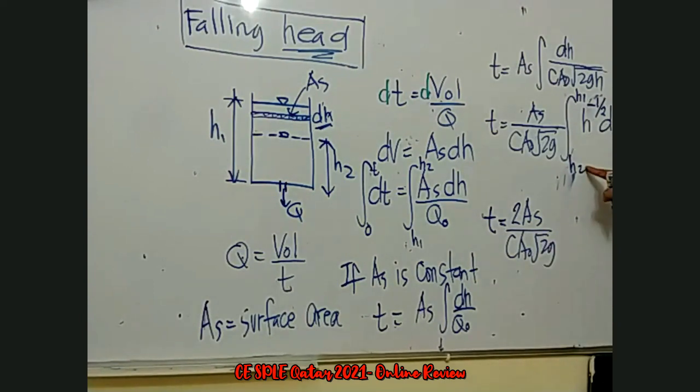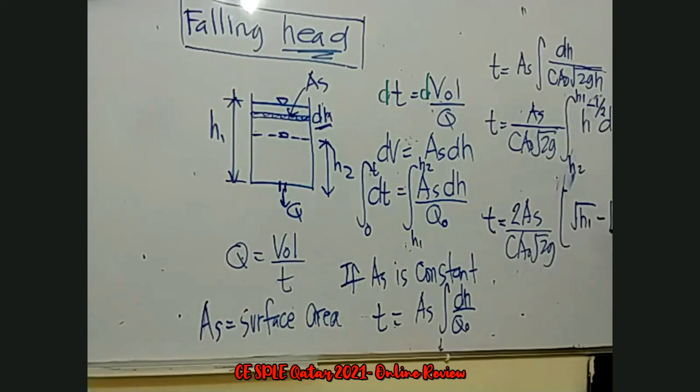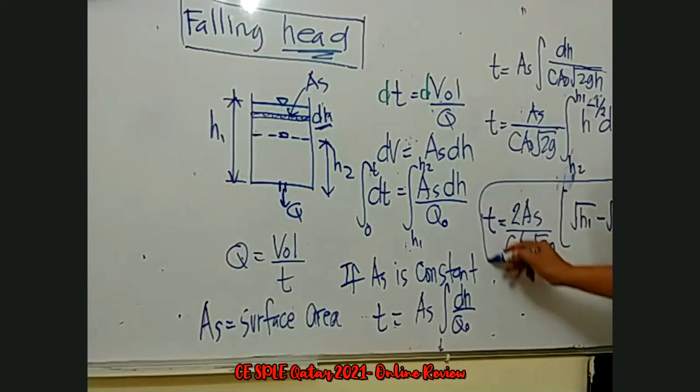The limit becomes h raised to 1/2, square root of h, so square root of h1 minus square root of h2. Ito yung formula ng time.